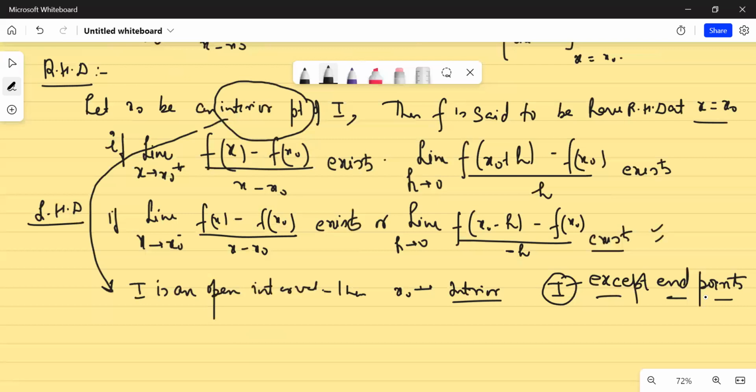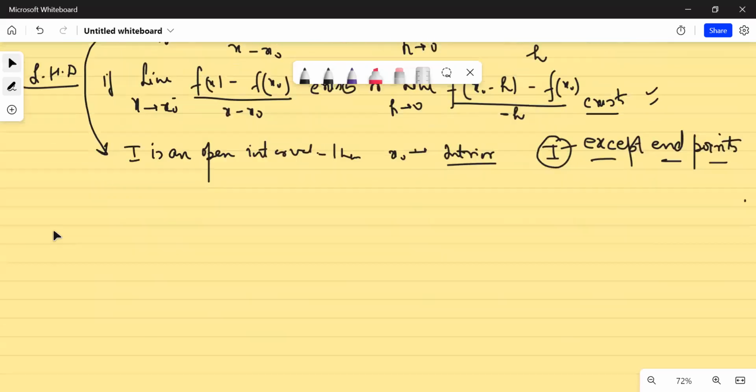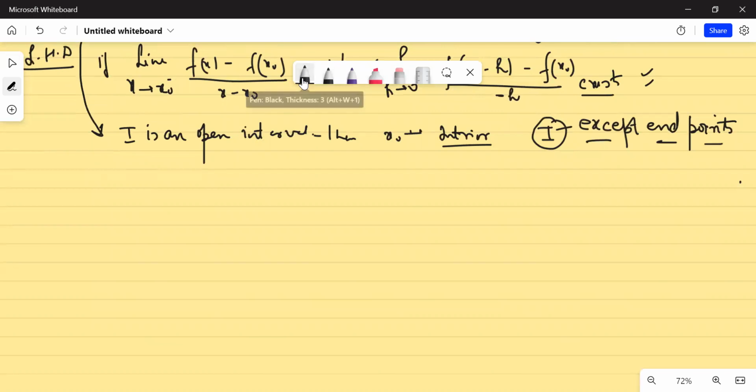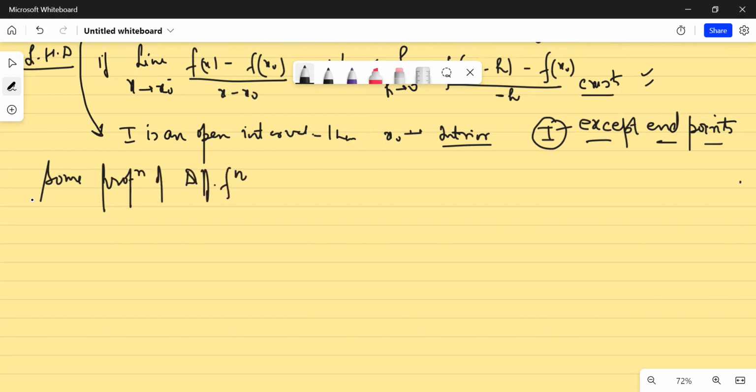So these are the things that I wanted to tell you right now. Another thing: I'll teach you the physical interpretation also, but right now we'll do some questions first. Now some rules regarding some properties of differentiable functions. And what are those properties? Property number one, these are all algebra.